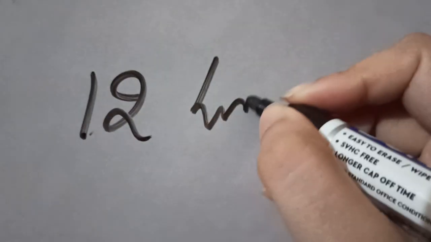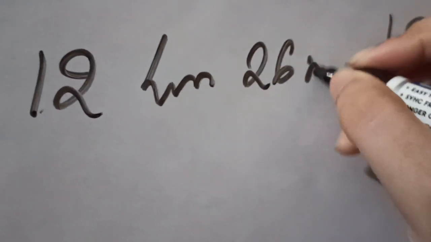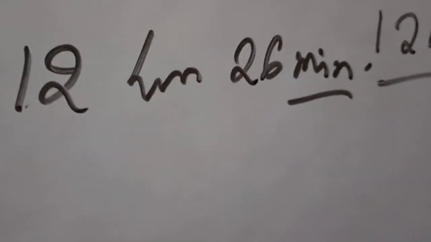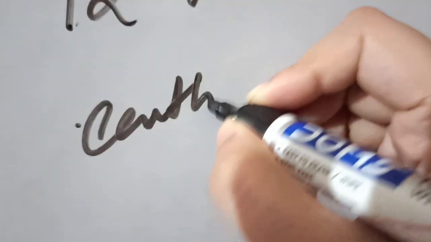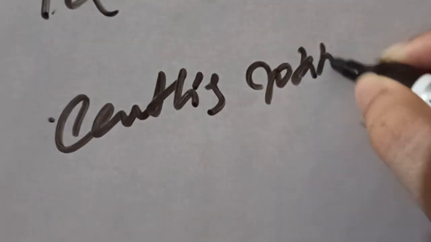They occur at an interval of 12 hours and 26 minutes. This is because the moon is revolving around the earth in the same direction as the direction of the earth's rotation, that is from the west to the east, and it completes one revolution in 28 days.